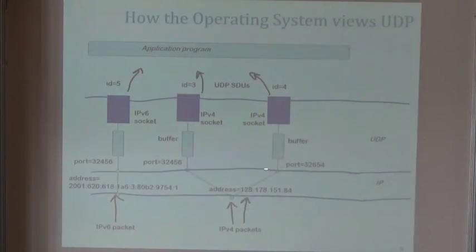So this is how an operating system handles sockets. You have an application program that uses socket calls, and if it uses UDP sockets, the data that arrive to this program are stored in a buffer, which is shown here.